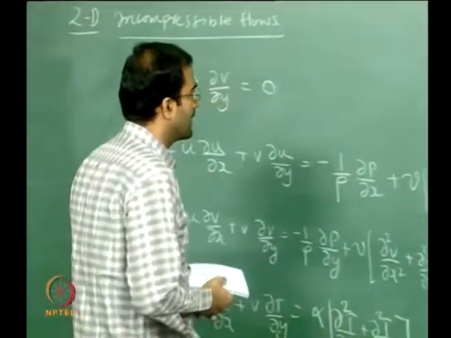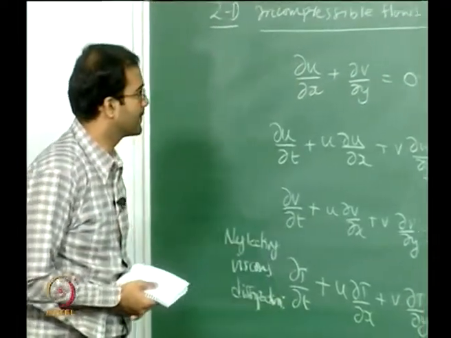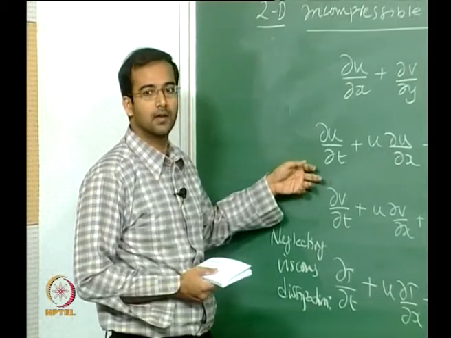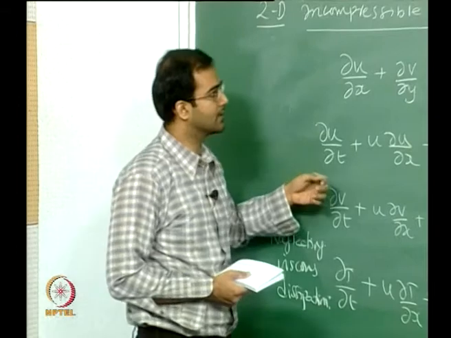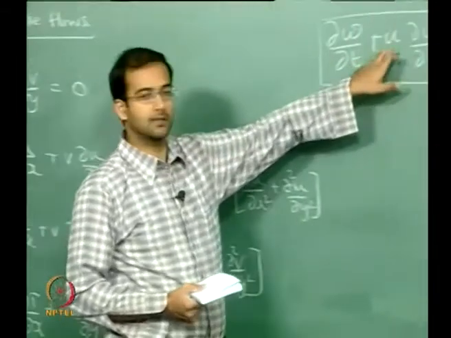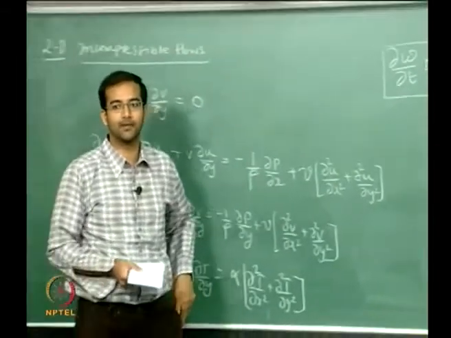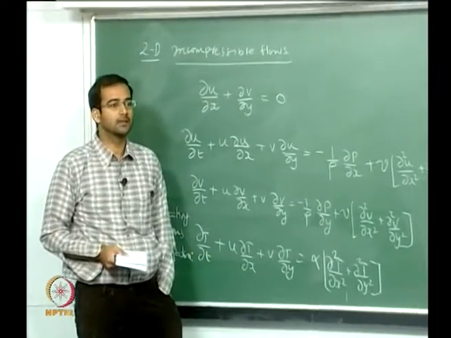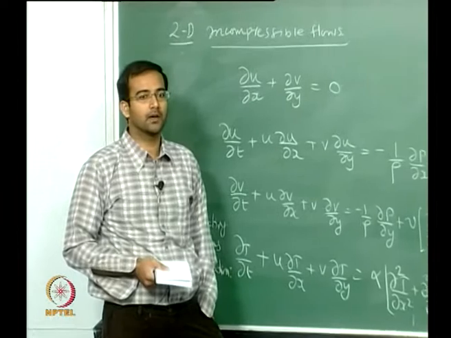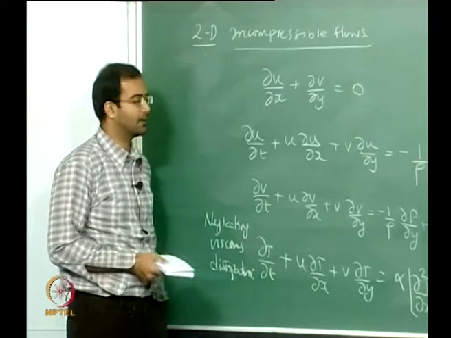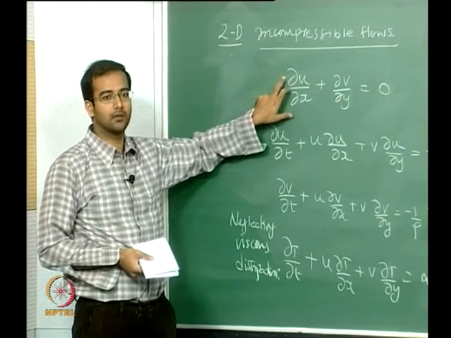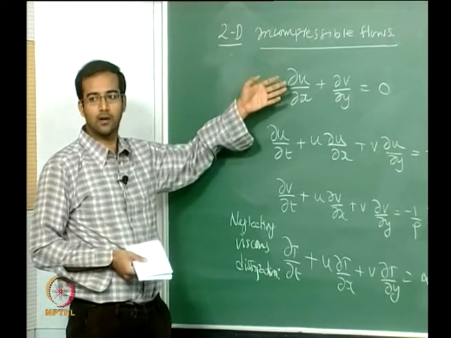Now still we are not done, because we have simplified the momentum equations, but you still have your u and v velocities appearing here, and we have to somehow eliminate them. Stream function. So how are we going to do it? We have to define a function which automatically satisfies the continuity equation, and therefore you don't have to solve for continuity separately.